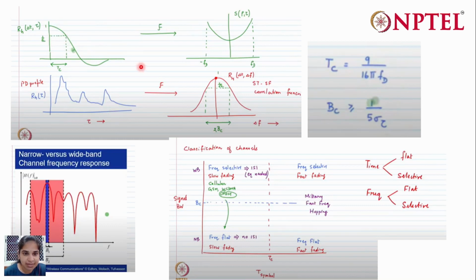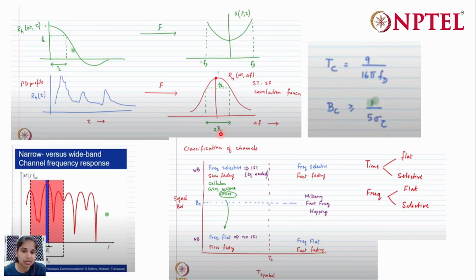So this is again a similar thing. The Fourier transform of the time variation, the Bessel function, was a power spectrum. It is bounded by plus or minus fd. And the Fourier transform of the power delay profile was a correlation function. Basically, this gave us how the frequencies are correlated to each other.